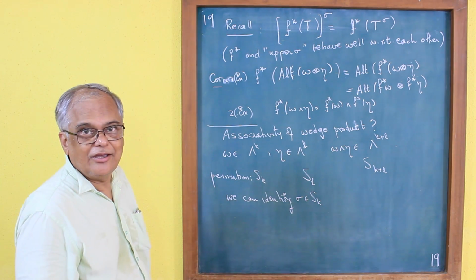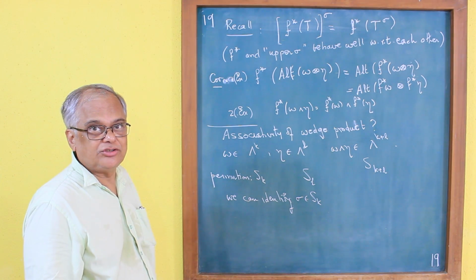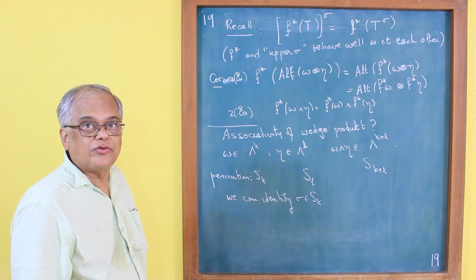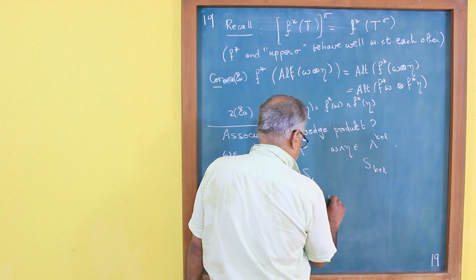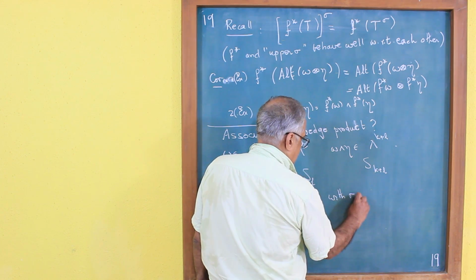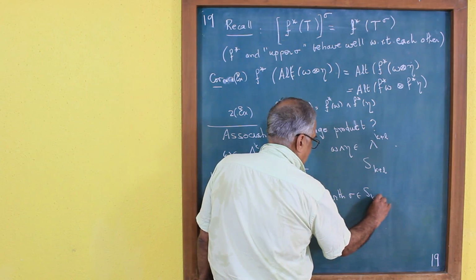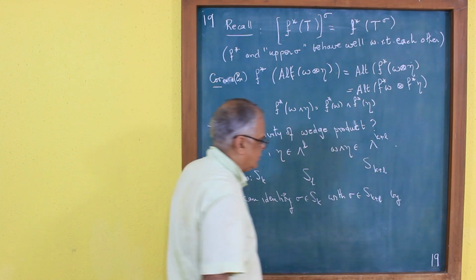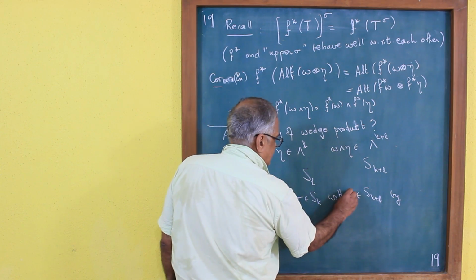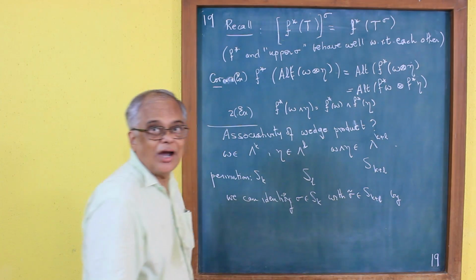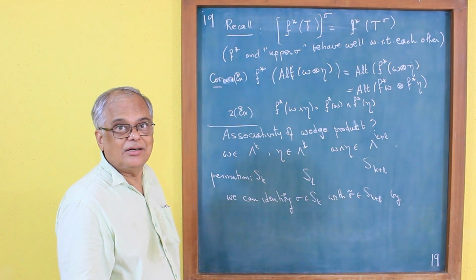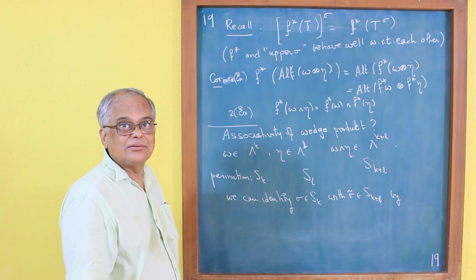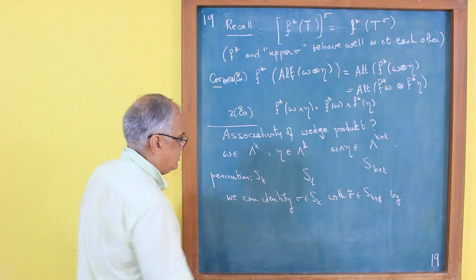Take a sigma in Sk, and sigma is actually a permutation on k letters. So I have to tell you what it does to the remaining L letters. So what will it do? Let me call this sigma tilde. Sigma is in Sk. I want to identify it with the permutation sigma tilde, where sigma tilde keeps the last L letters fixed.